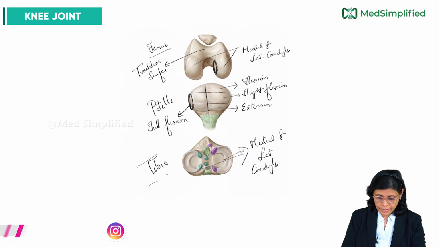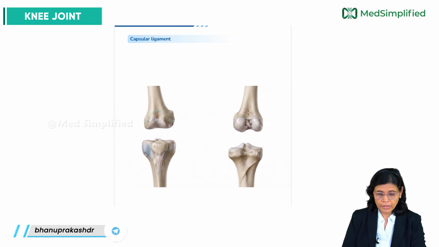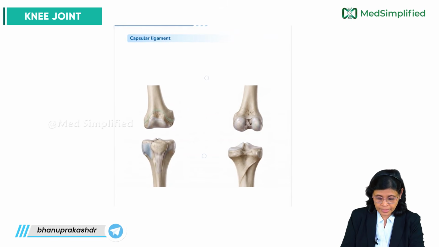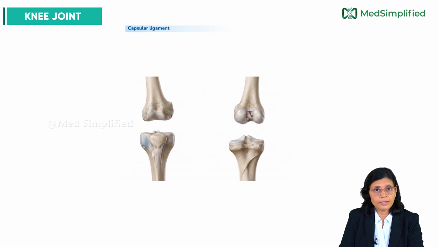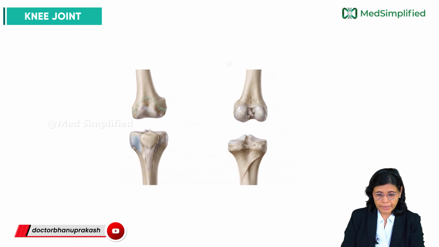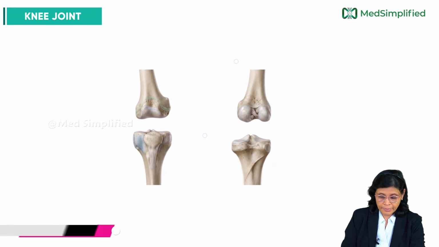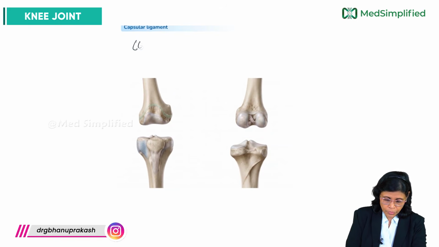Next, moving on to the ligaments. Stability of any joint is mainly provided by the ligaments. Here we have very important ligaments: the capsular ligament, the ligamentum patellae, the tibial and fibular collateral ligaments, the anterior and posterior cruciate ligaments, and the menisci, medial and lateral. Along with this, there are secondary ligaments, which you can remember with the mnemonic COAT.